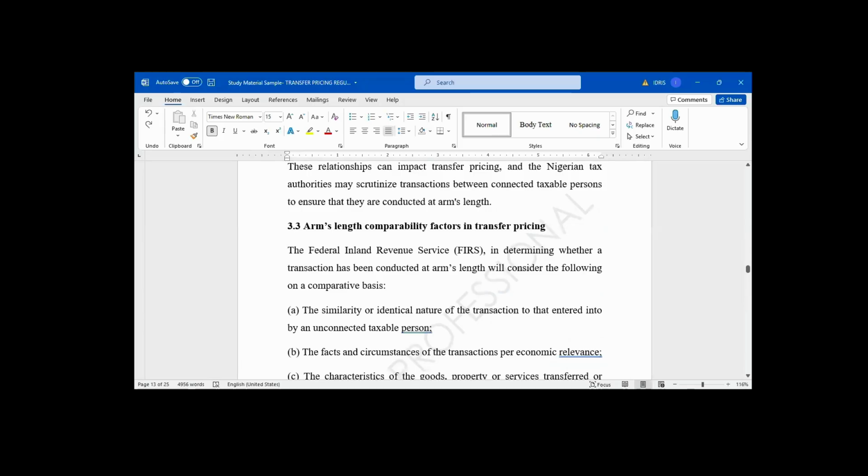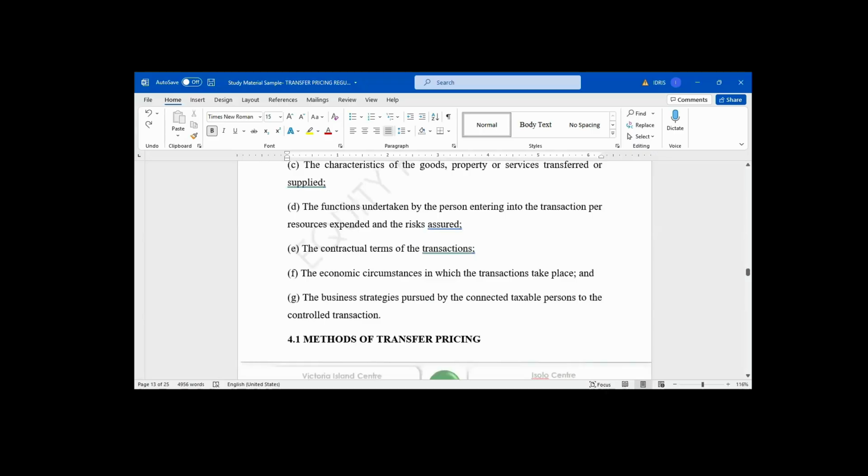The characteristics of the goods and services transferred. The function undertaken by persons entering into the transaction. Also the contractual terms of the transactions. The economic circumstances in which the transaction takes place too. And the business strategy pursued by the connected taxable person to the controlled transaction. All these are arm's length comparability factors in transfer pricing.